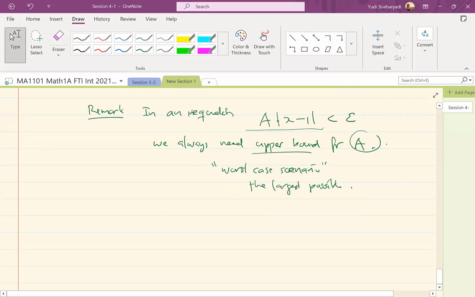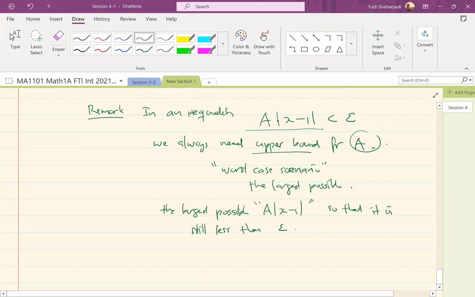So in this case, the largest possible a times absolute value of x minus a is still less than epsilon.